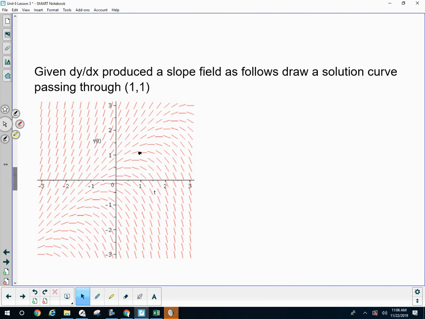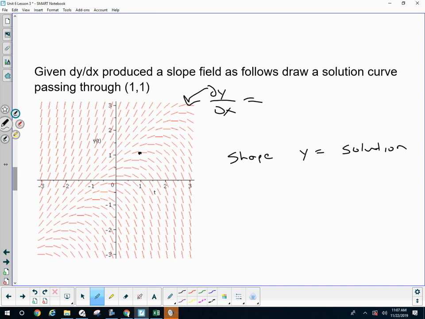If I ask you, here's a slope field, what would your solution to this differential equation, some dy dx equals this slope field? I could ask you, what is the shape of your y equals solution that passes through the point 1, 1?